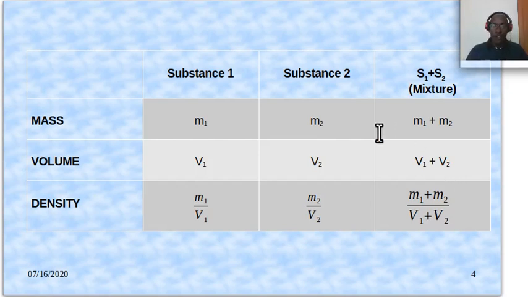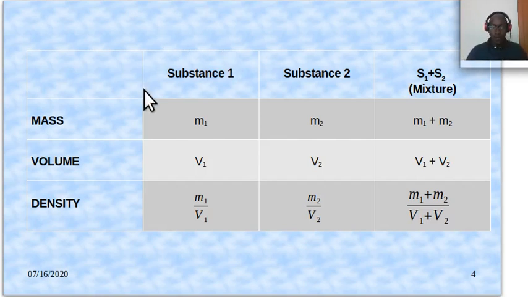On top here, we have three items. We have substance 1, substance 2, and then the last column is the mixture. We have substance 1 added to substance 2, so it's a mixture. And we assume that these two do not react.